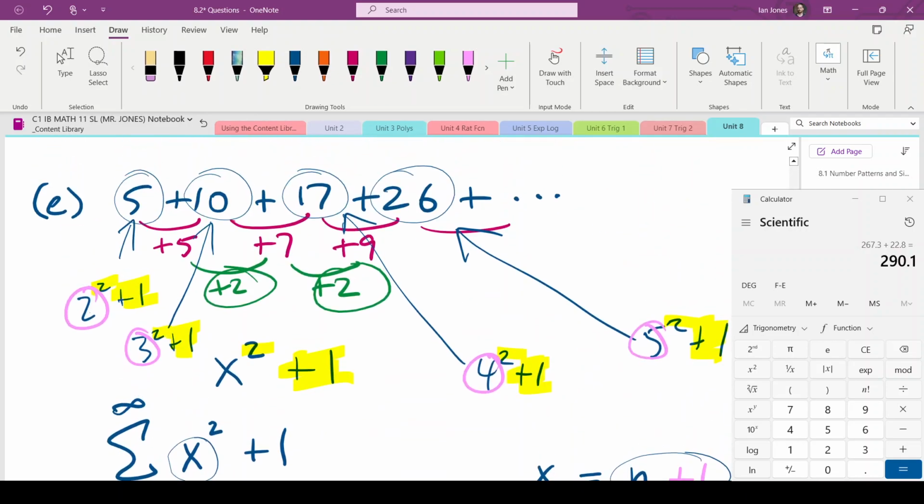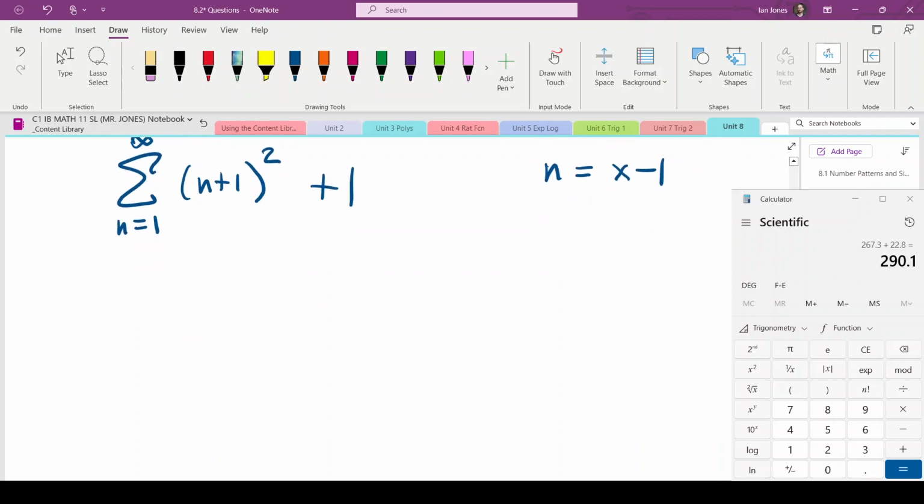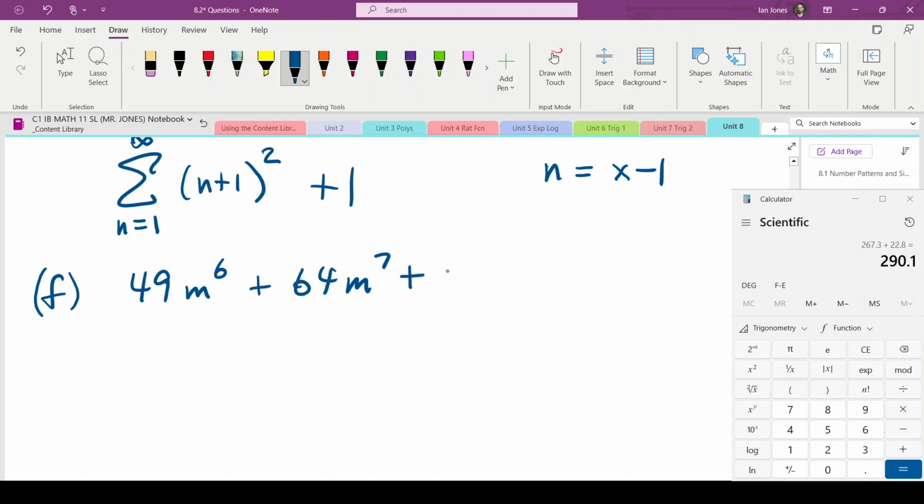Okay, F. Last one here. 49m to the 6 plus 64m to the 7 plus 81m to the 8.